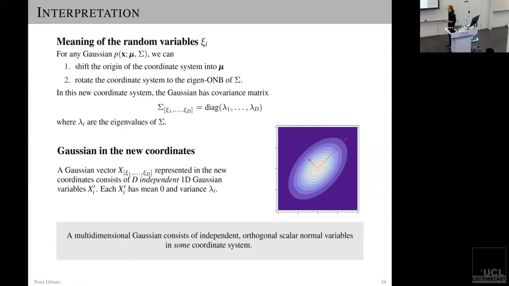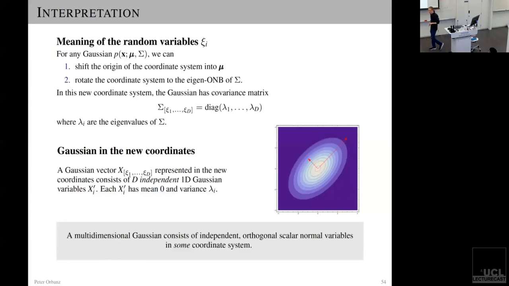So what this means is that every multidimensional Gaussian consists of independent orthogonal scalar Gaussian variables in some orthonormal coordinate system, right? So we can always rotate our coordinate system to decouple things.